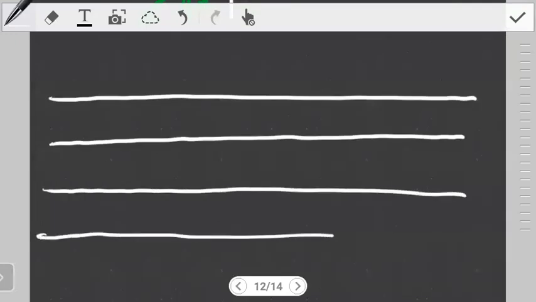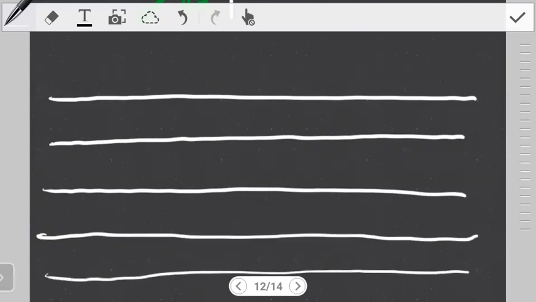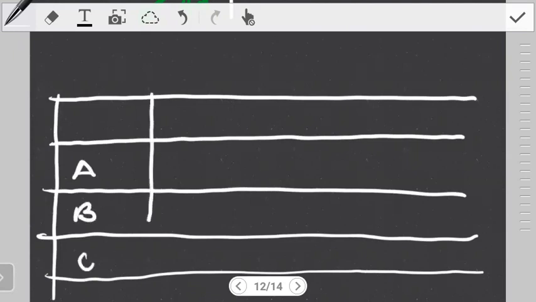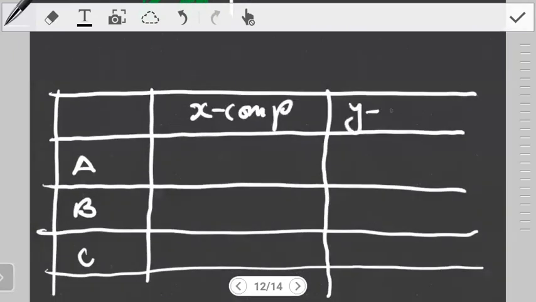In this case, we have 3 vectors. So I'm going to label them. The first one is going to be A, the second one is going to be B, and the third one is going to be C. In this column, I'm going to have the X components. And then in this column, I'm going to have the Y components.